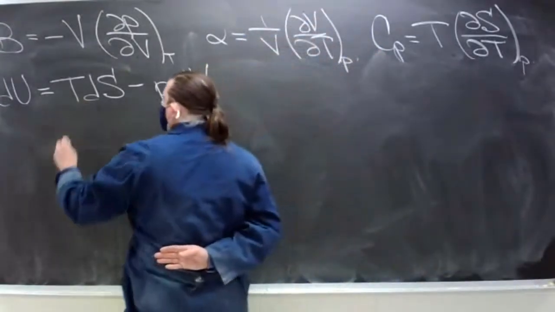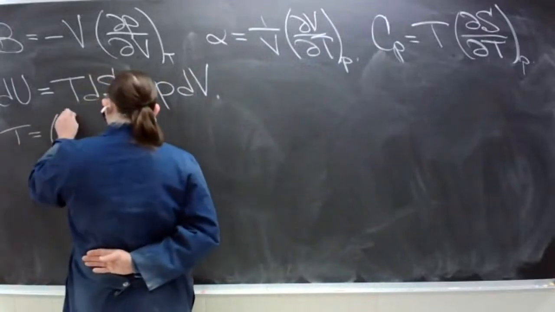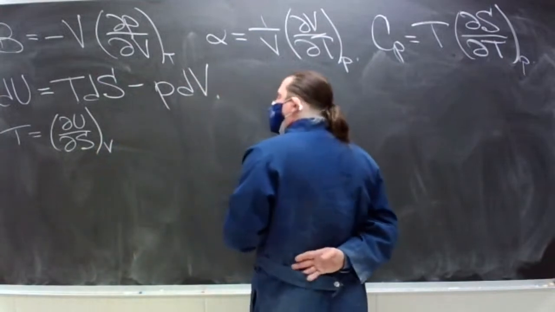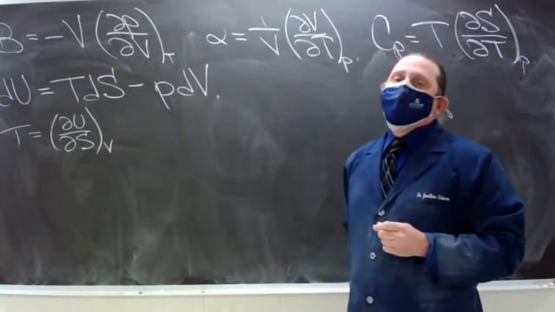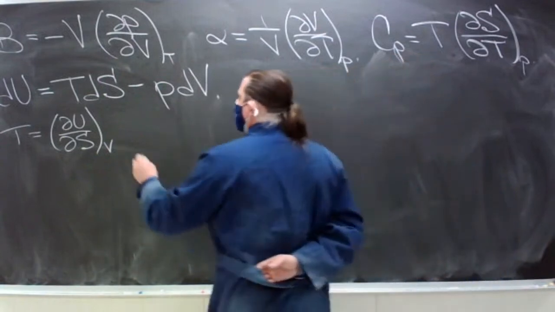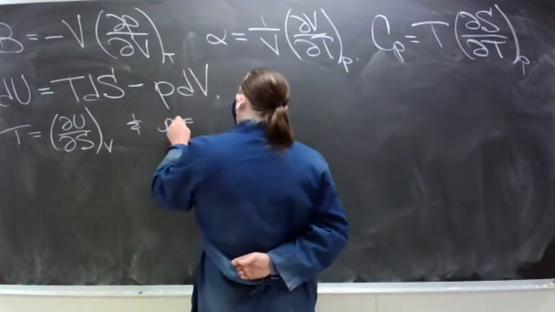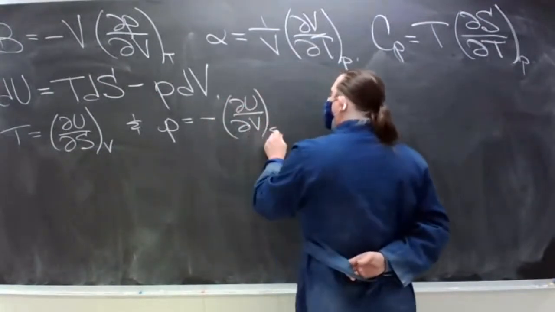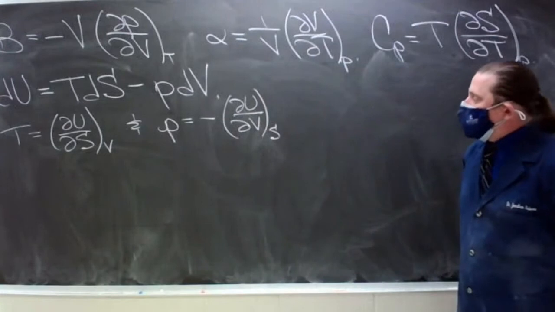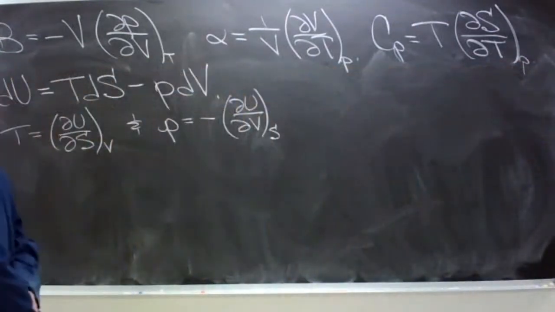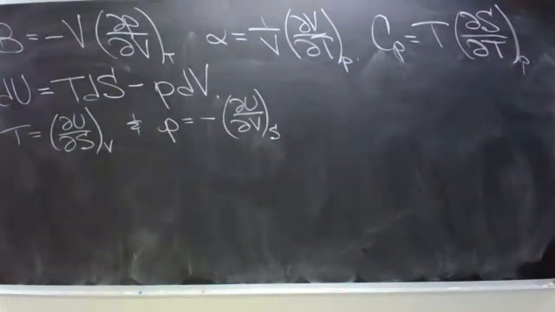Remember, this tells us that the temperature is equal to the change in internal energy divided by the change in entropy at constant volume, and the pressure is equal to minus the change in the energy divided by the change in the volume at constant entropy.